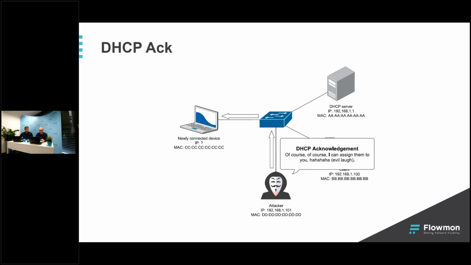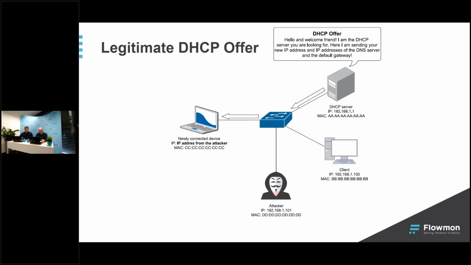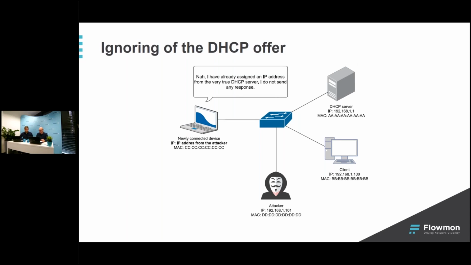All right, and now the attacker sends just the DHCP acknowledgement, and the newly connected device configures the IP address and all the parameters to itself. And now when the legitimate DHCP server sends a DHCP offer, the newly connected device just ignores that, because it has already assigned an IP address from the attacker, right?